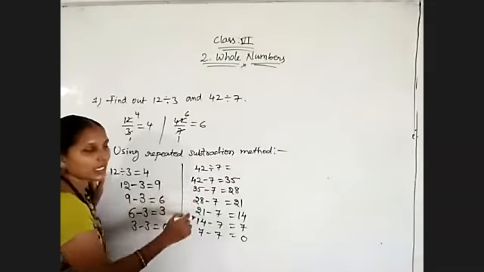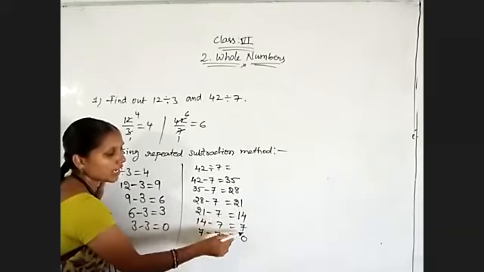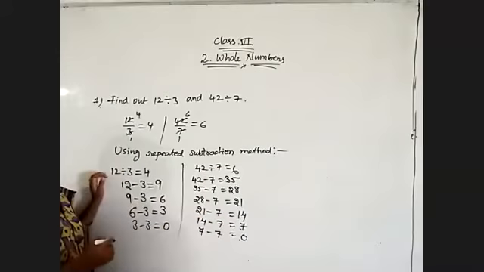How many times did we repeat this? 1, 2, 3, 4, 5, 6. So our answer is 6.